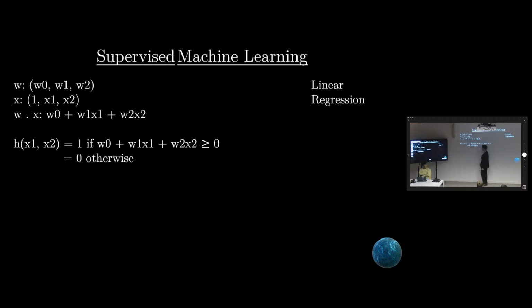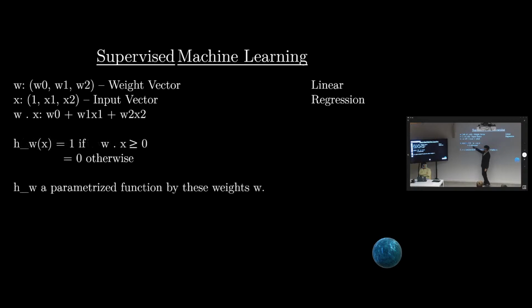We call w the weight vector and x the input vector. Finally, I could express this as h parameterized by w is equal to 1 if w dot x is greater than 0, and equal to 0 otherwise. We say that h w is a function parameterized by this weight w.